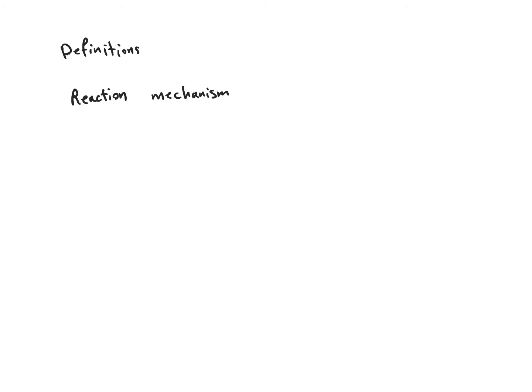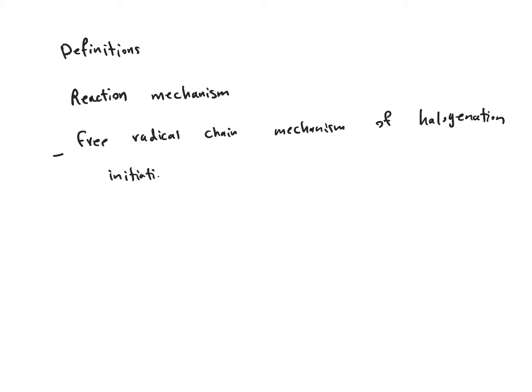Okay, and when we had the free radical chain mechanism of halogenation, we had 3 steps. We had initiation, propagation, and termination. I also posted this in your study guide, so know which species are generated in each step.